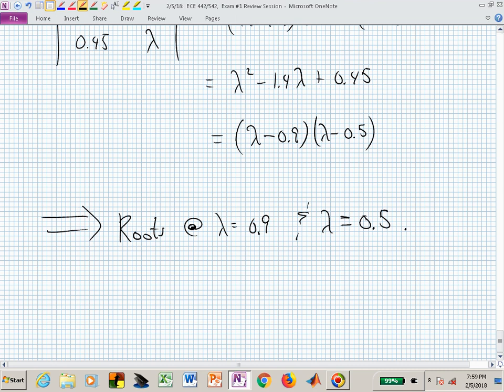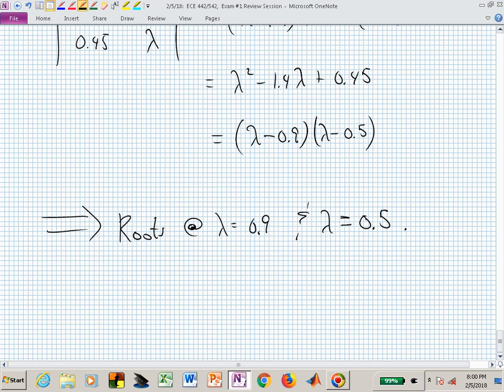Are these oscillatory or exponential? Are they complex? Are they real? They're real. So what are these going to do? They're not going to shake, are they? They're just going to exponentially shrink, right?